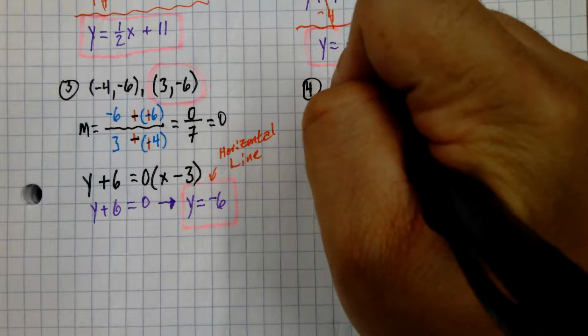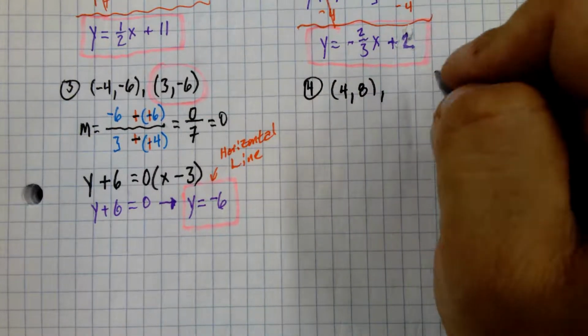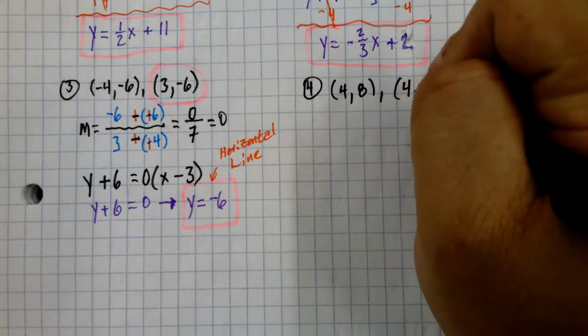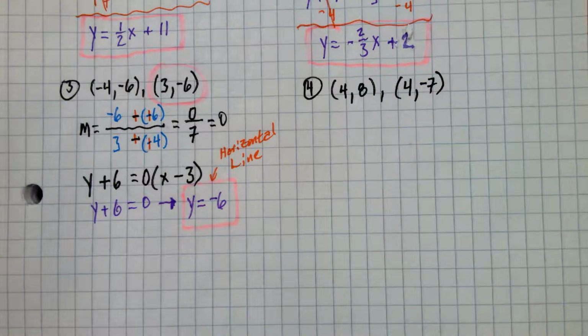Let's do 4, 8, and 4, -7. Okay. So let's figure this out.